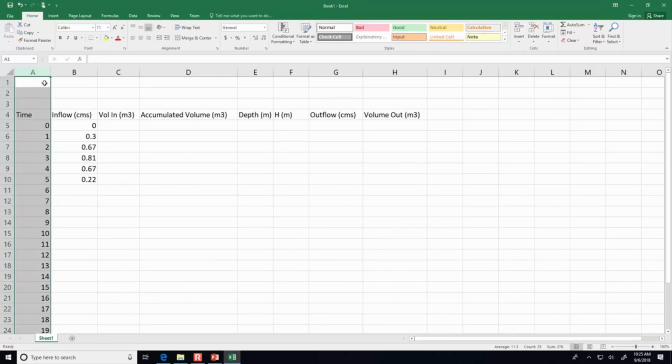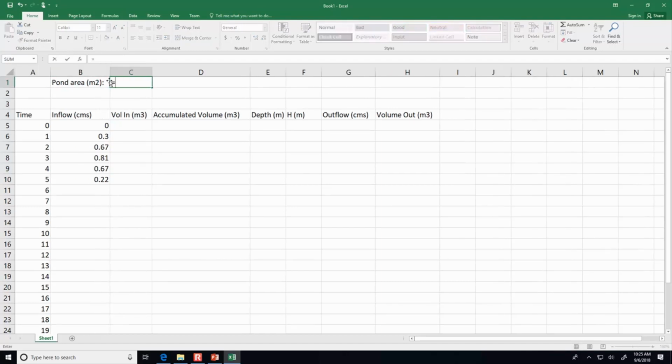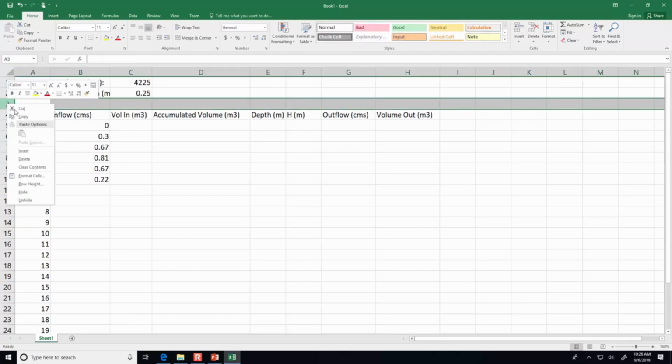Now up here at the top, let's put some of the data that we know, like the pond area in terms of square meters. That pond was 65 by 65, so I'm going to do equals 65 times 65. Got the pond area. The outlet pipe diameter in terms of meters was a 0.25 meter diameter pipe.